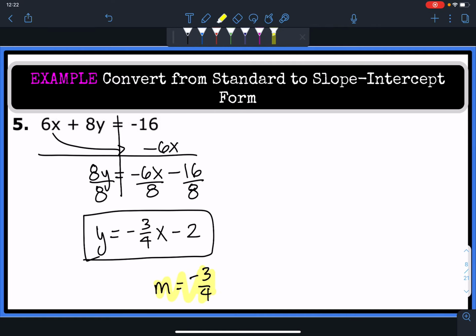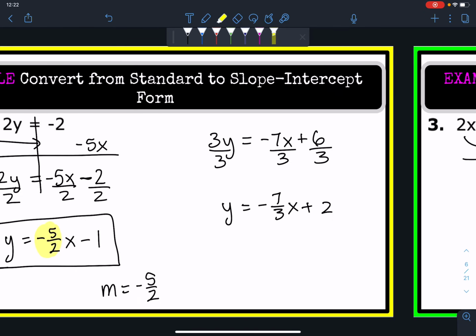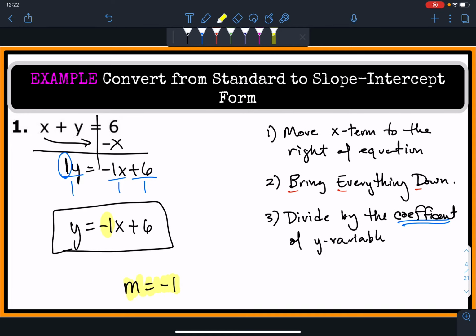Now, if you look at something that's going on here, but this again only works if we have this written in standard form, notice that this number right here actually happens to be the ratio of the number in front of the x, which in this case is a negative 1, and dividing it by the coefficient of the y.